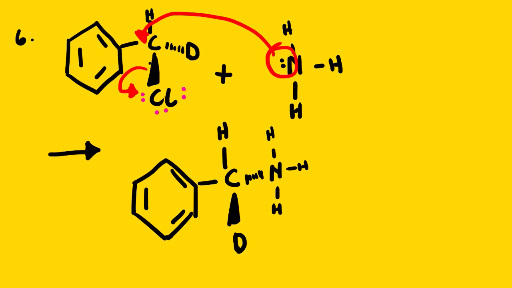But remember, I said if nitrogen bonds 4 times, it will have a formal charge of positive. This reaction, like I said, will be a bit different from the other ones. And then remember that our leaving group will be here. It left as a halide ion.